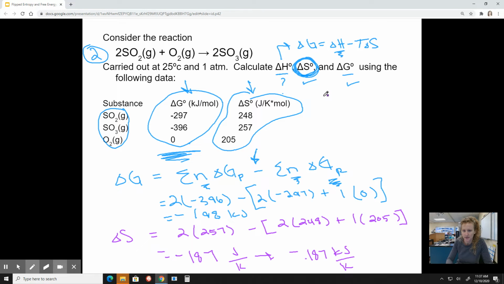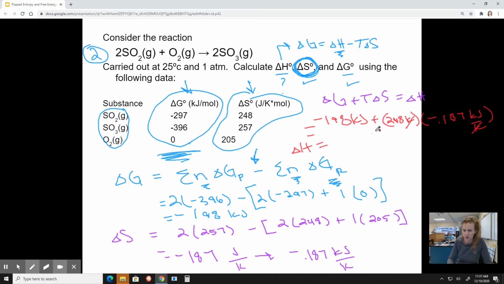Okay, so now we can plug these values into the equation above, and if we solve for H, we're going to get delta G plus T delta S equals delta H. So we're going to take our G, negative 198 kilojoules, plus temperature is 25 degrees Celsius, so 298 Kelvin, times S, which is negative 0.187 kilojoules per Kelvin. Kelvin's going to reduce out.